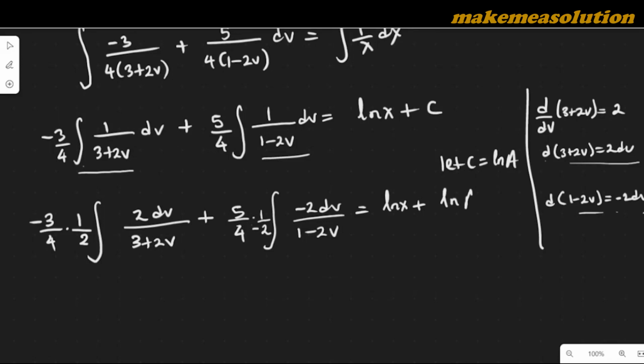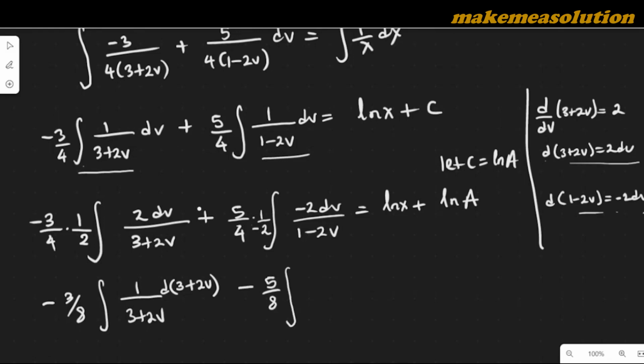So ln A, for instance, so you have negative 3/8 integral of, now this 2 dv can now become d of 3 plus 2v. Then this is now a minus 5/8 integral of 1 over 1 minus 2v.